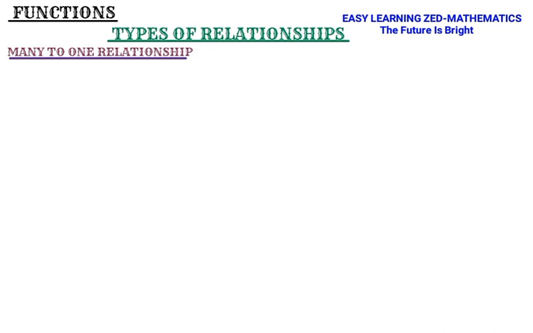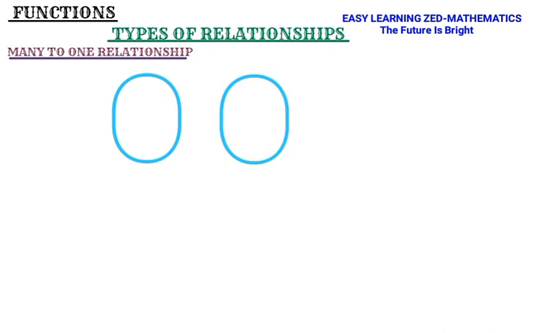So this is where you have many members from one set having a relationship with one member in the second set. For instance, we have these sets, this one is A and this one is B, and A is names of players, and B is names of clubs.